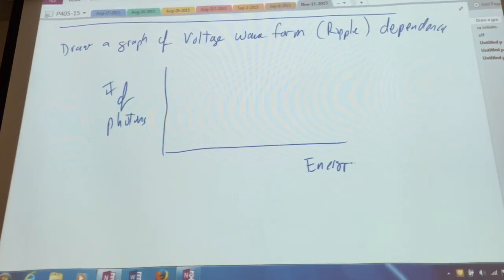More ripple, fewer high energy photons. Less ripple, more low energy photons.